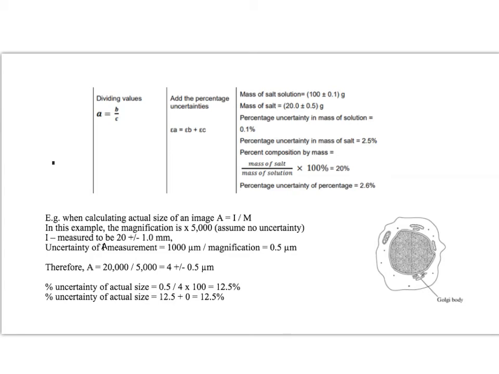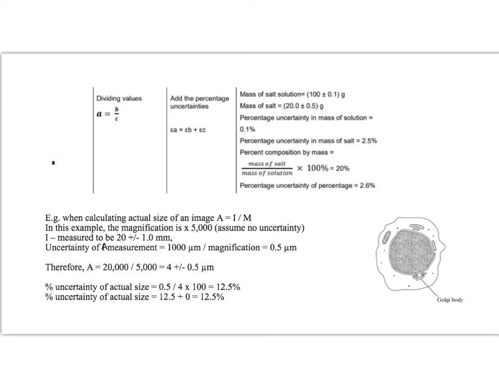To get our actual size, it's image divided by magnification. To get the uncertainty of the actual size measurement, you'd do the same. You have the image size uncertainty, which was 1 millimeter, but we want our final answer in micrometers. So that'd be 1,000 micrometers divided by magnification, which was 5,000, and that gives us 0.5 micrometers.